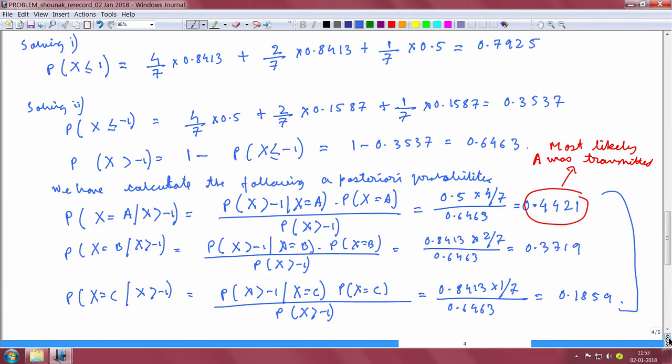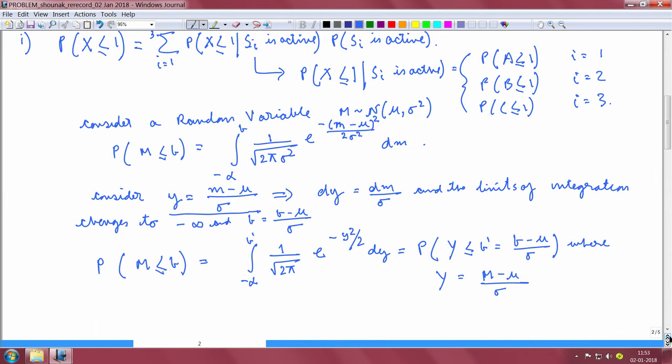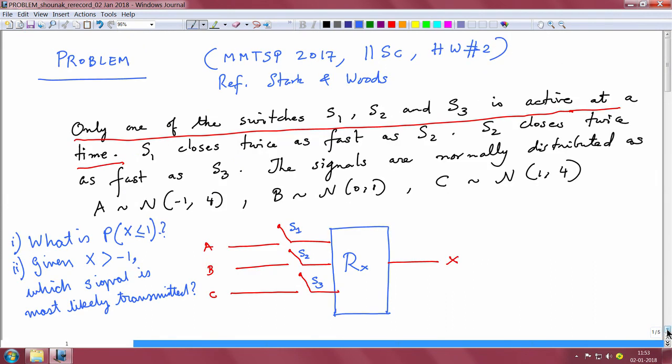In this particular problem we have a slight difference: we have 3 signals and we are receiving the same A, B, C signal on the receiver side, so it is basically a ternary alphabet. In standard communication, since we have bits, it is a binary alphabet. With this we end solving this problem.